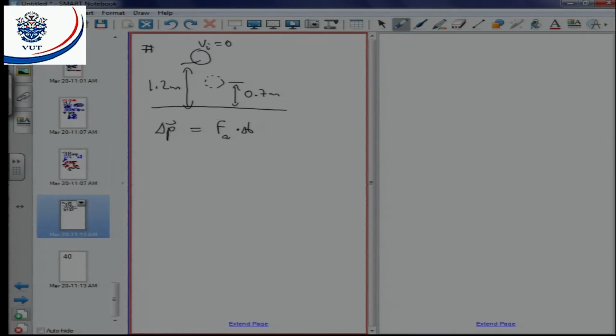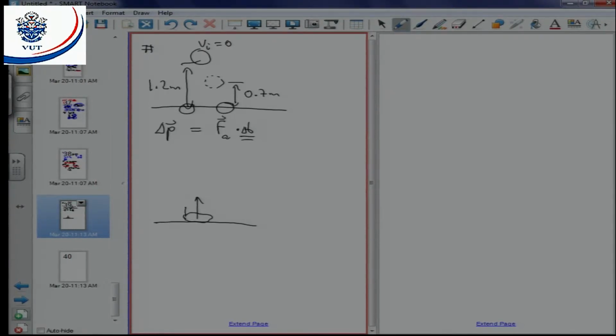The applied force would be the force of the floor on the ball. But how does this work? What is this t and where does it come from? When the ball is in contact with the surface, it deforms, and then it gains kinetic energy in the opposite direction.